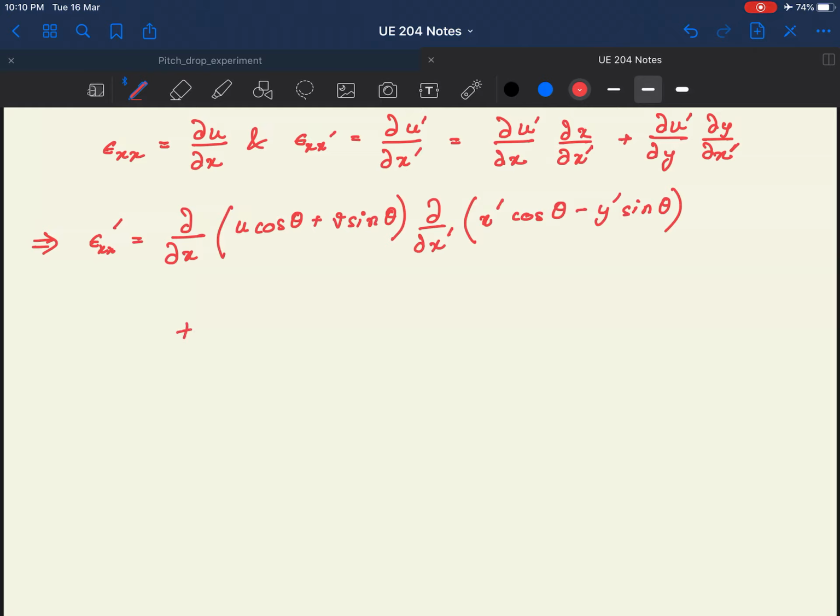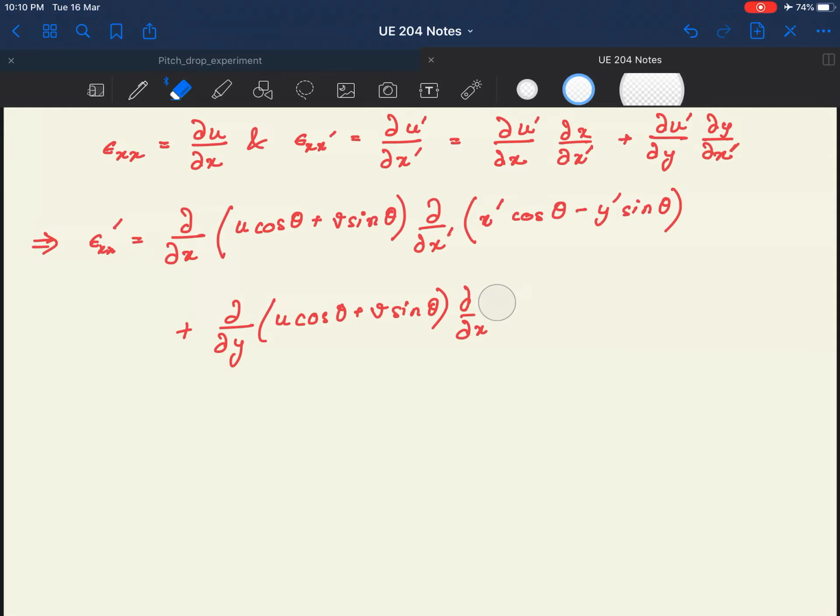Plus the other term, which again will be u cosine theta plus v sine theta, and then del x dash. Sorry, wait. This is del x dash, and this is y.